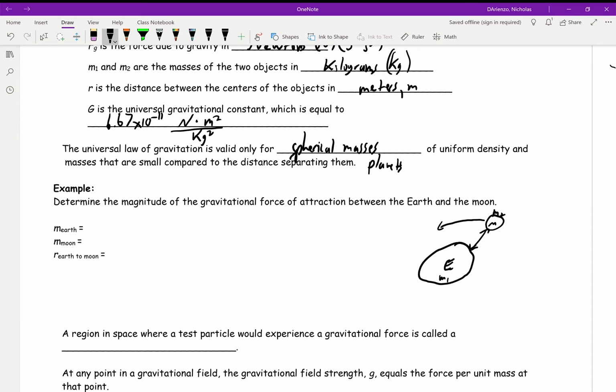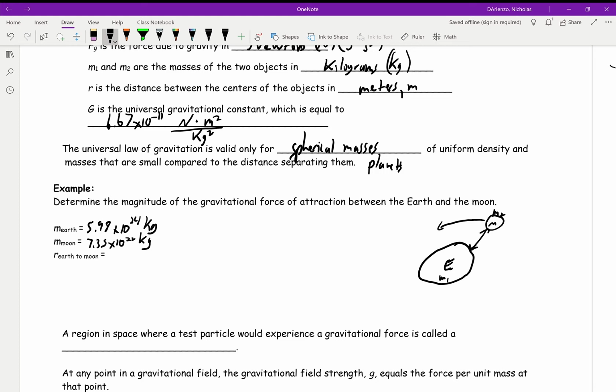But first, let's define a couple of things. Mass of the Earth, this is given to you on the front of your reference table and your physical constant table. The mass of the Earth is 5.98 times 10 to the 24th kilograms. What a number. Mass of the Moon, 7.35 times 10 to the 22nd kilograms.